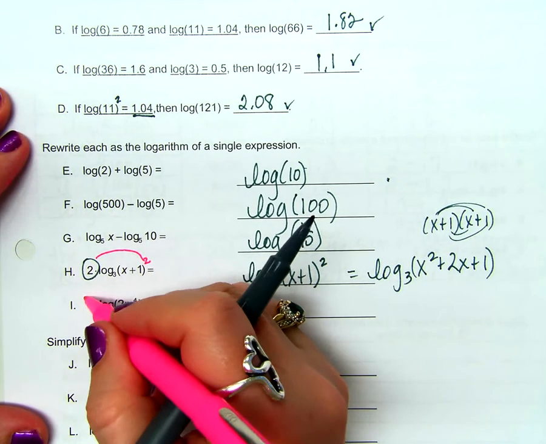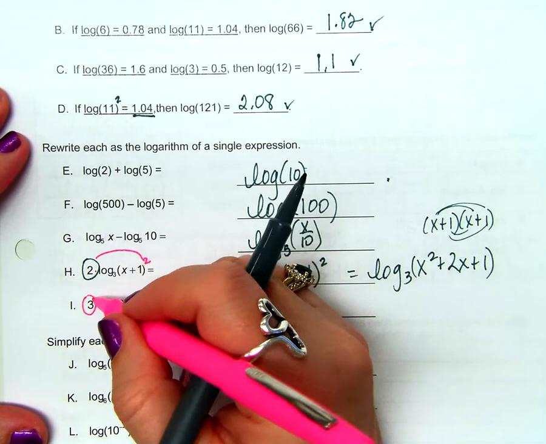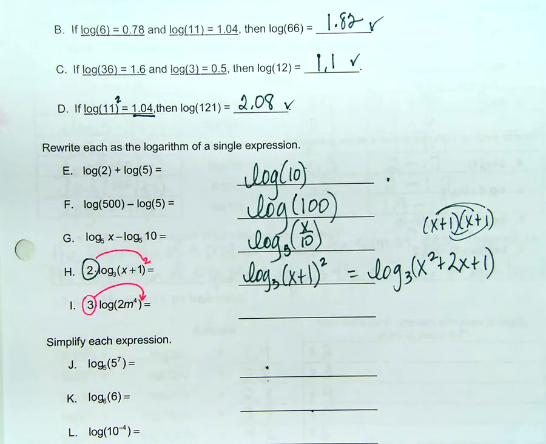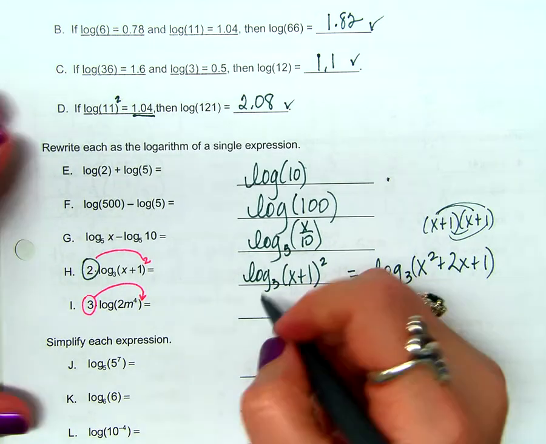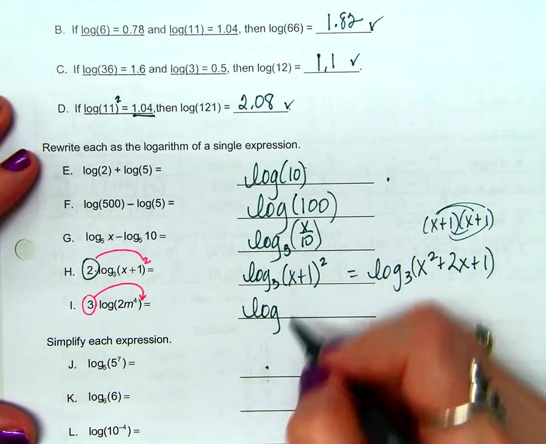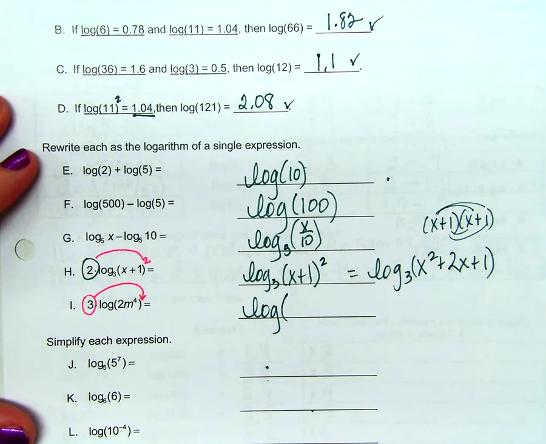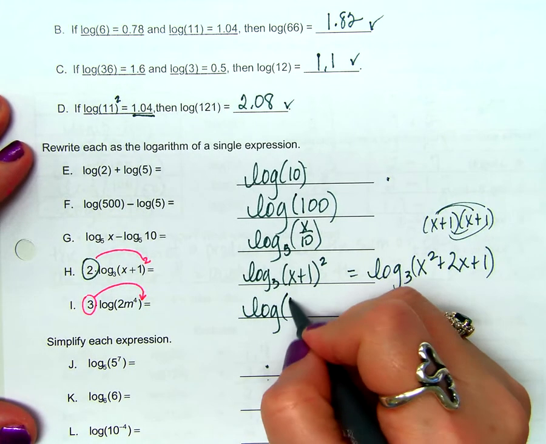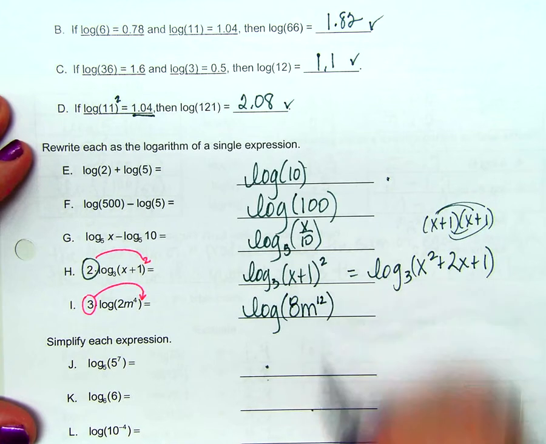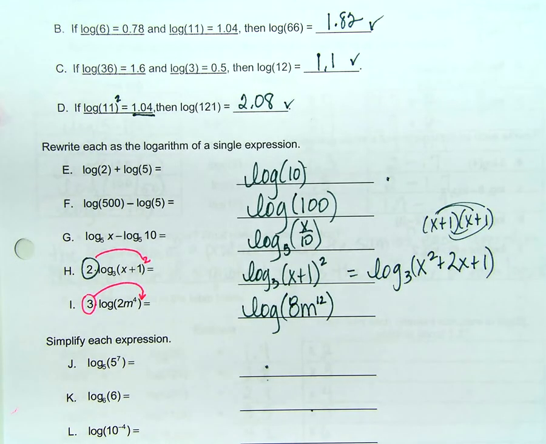Okay. What about I? What happens to this? Exponent on the argument, right? So I have log of 8m to the 12th. I see erasing.